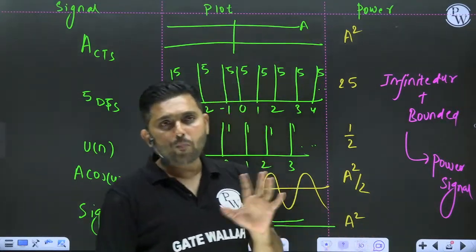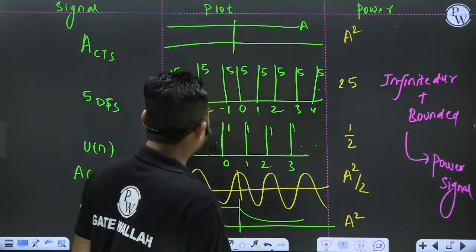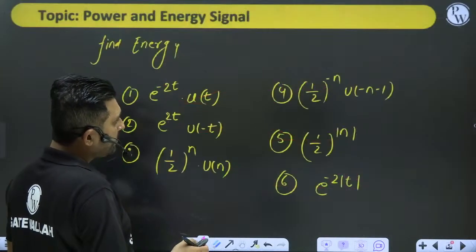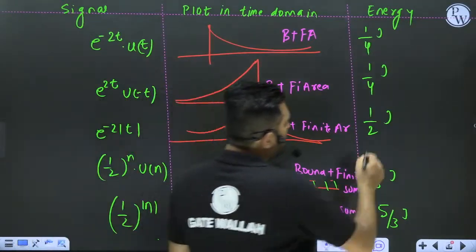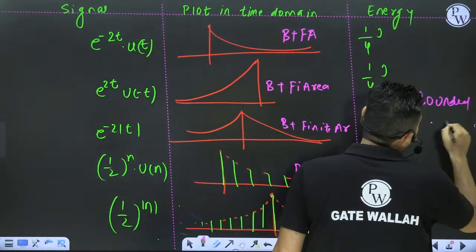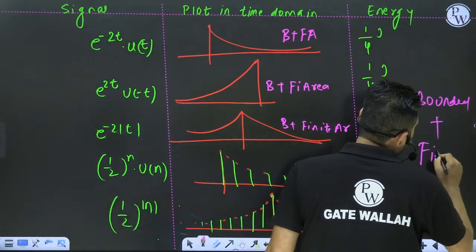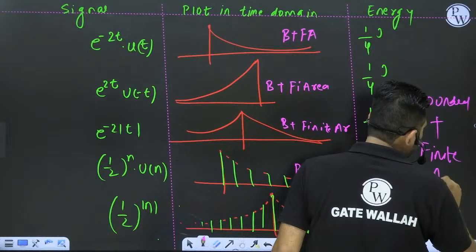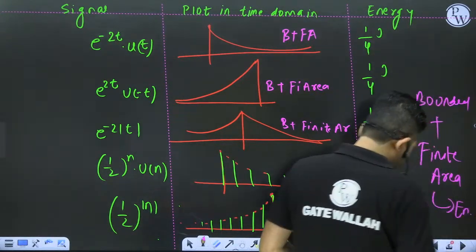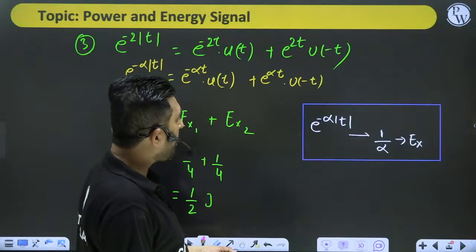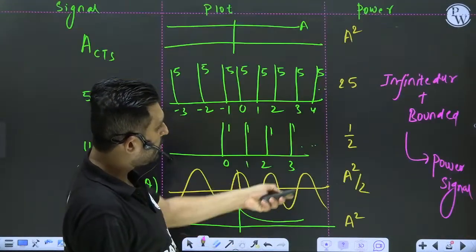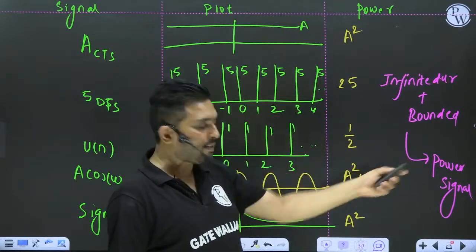So I hope these things are covered. Energy means bounded plus finite area. Power means infinite duration, bounded signals.